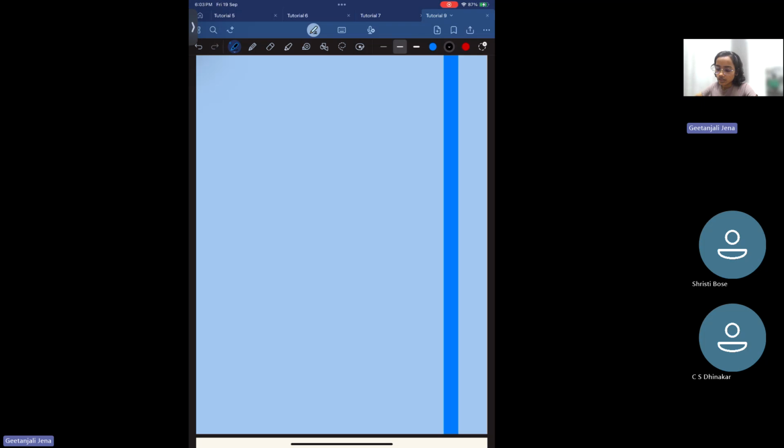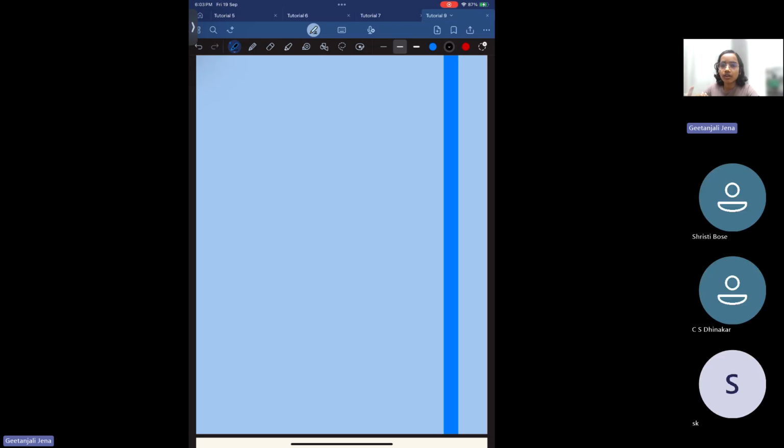In today's session, we'll go through another trick to find the electric field or the potential using the method of images. This is one of the tricks you can use for the simplest configurations.